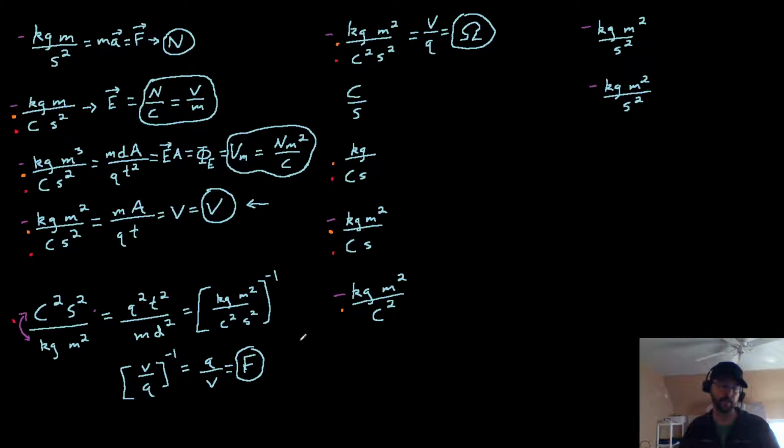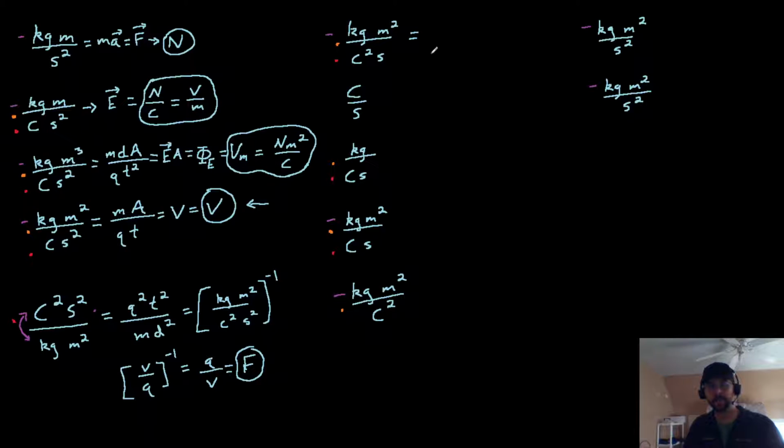But this isn't supposed to be seconds squared. Okay, I was going to say I didn't think that was right. So let me fix that. This is not supposed to be here. Alright, so we know this is resistance now.